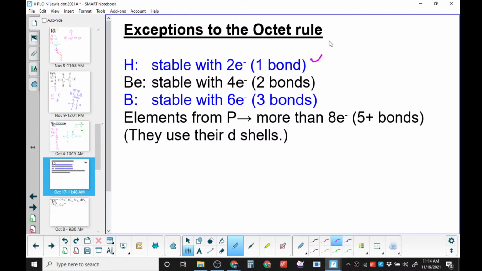It's in P. What number P? 3P. 1s2, 2s2, 2p6, 3s2, 3p. Now it hasn't filled up the 3D, but they are in the 3rd energy level, and so they actually can use the 3D for some of their electrons. Because they're in the third energy level, they have access to the 3D orbitals.